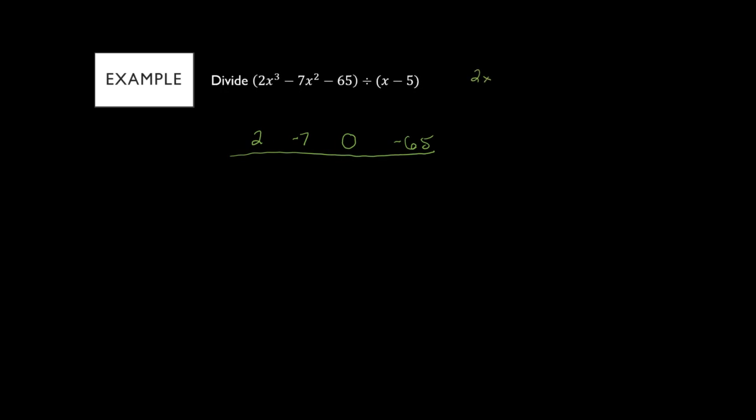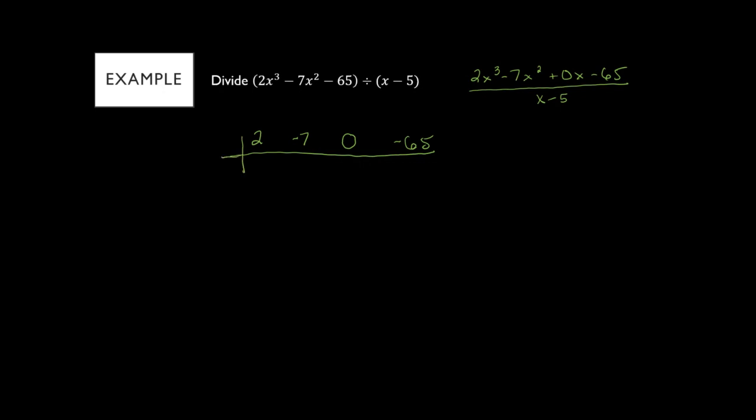What we're really looking at here is 2x cubed minus 7x squared plus 0x minus 65. That's why I have to put that 0 in, because you need to make sure that you're taking care of any missing terms. And then we're dividing it by x minus 5. I can rewrite this as a fraction.